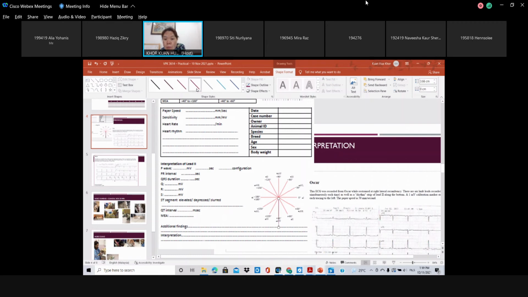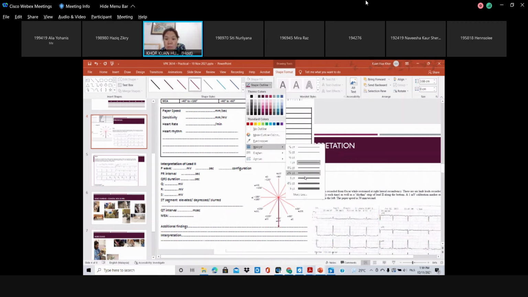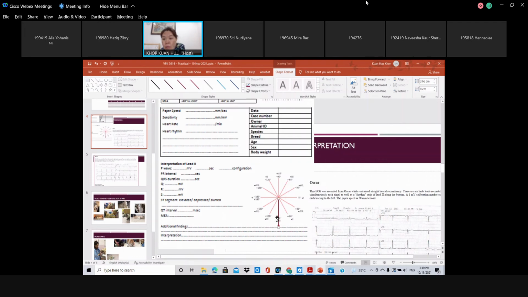Okay, let's say if we use the other method, which one has got the tallest R? Joyce, which one has got the tallest R?